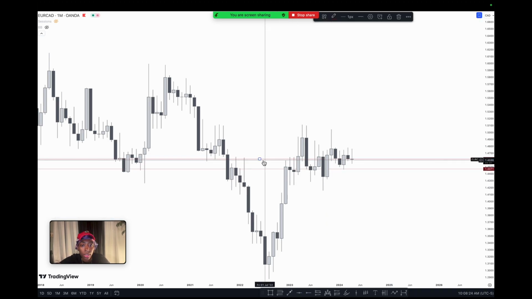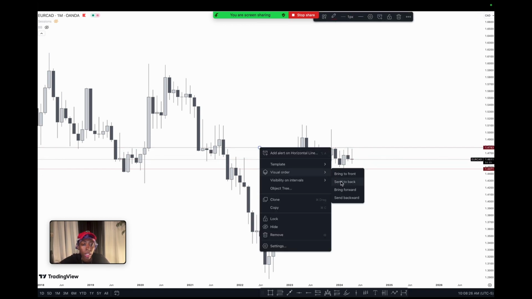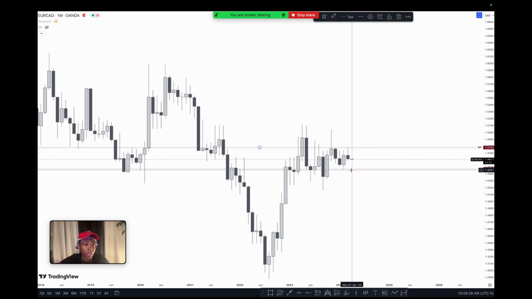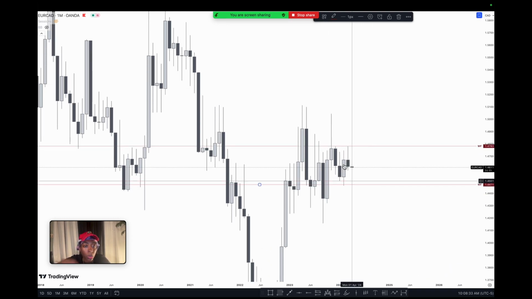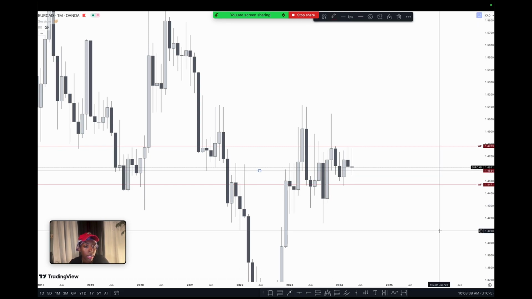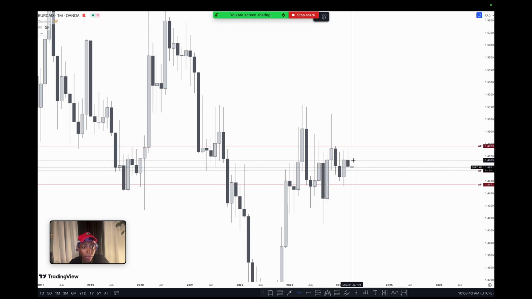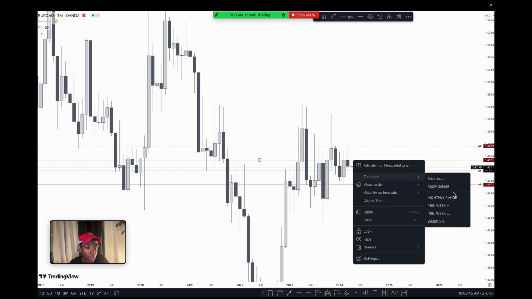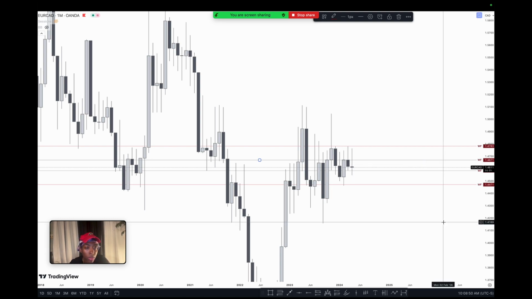Wait, let's make sure these levels are right. So we're within this range right here. Even more, we are within this range right here. We're breathing back above, so we could touch the previous candle open. So let's go to the weekly time frame now.